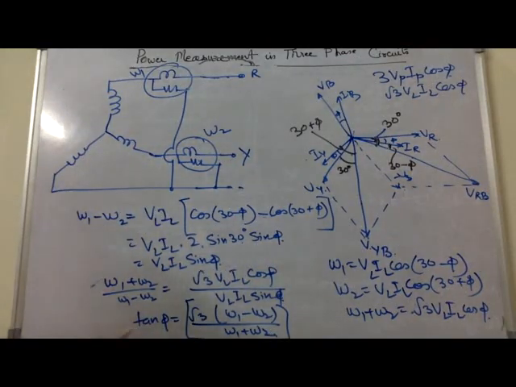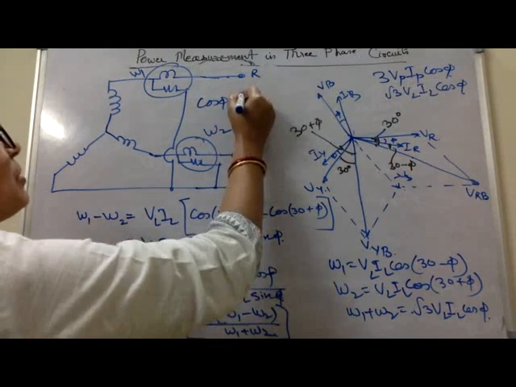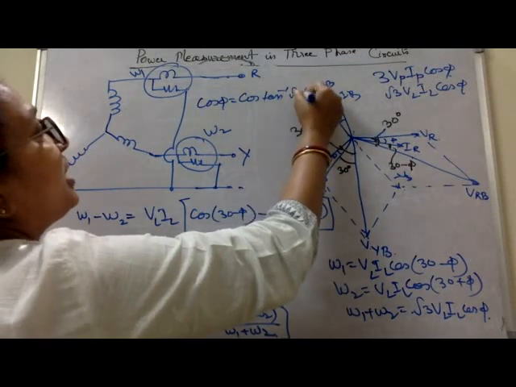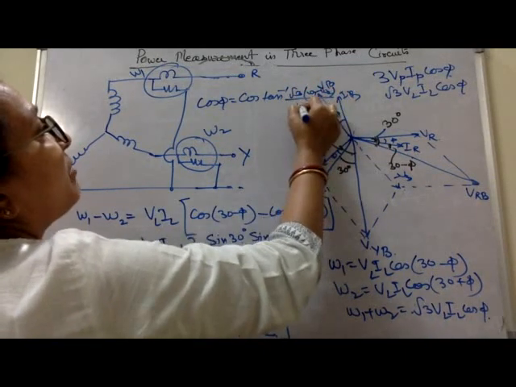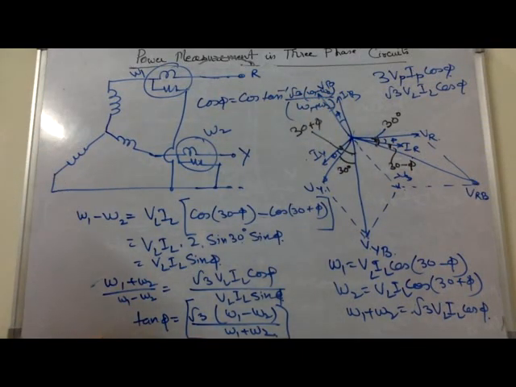So when you have to find the power factor, you can take the tan inverse of root 3 (W1 minus W2) divided by (W1 plus W2), and the cosine of it will give you the power factor. That is, cos phi equals cosine of tan inverse of root 3 (W1 minus W2) divided by (W1 plus W2). So we can find the power factor, and we can find the individual readings if we know the power being consumed by the given circuit.